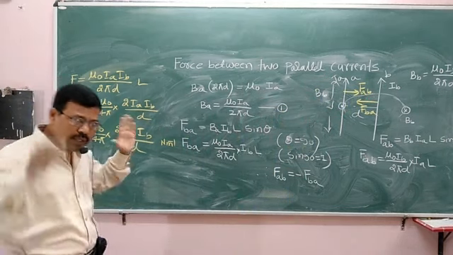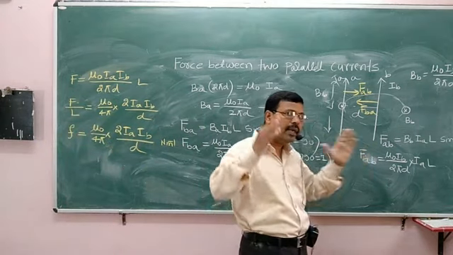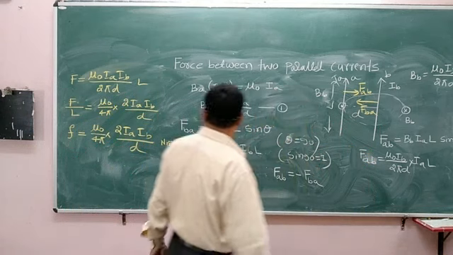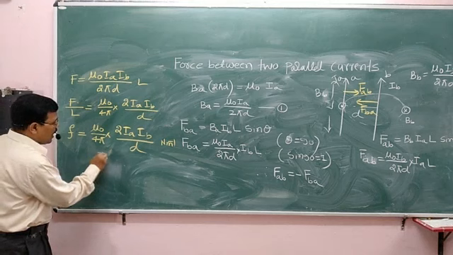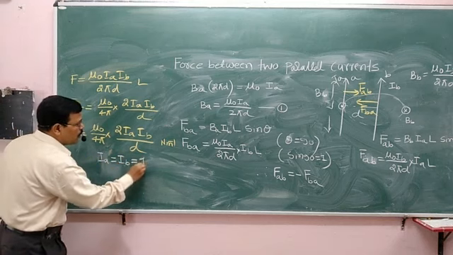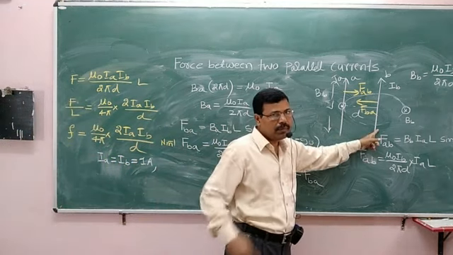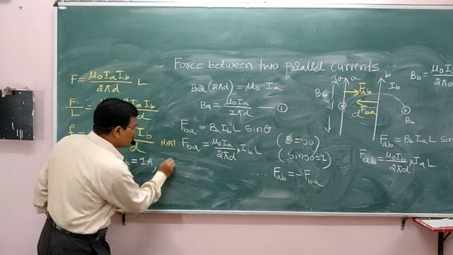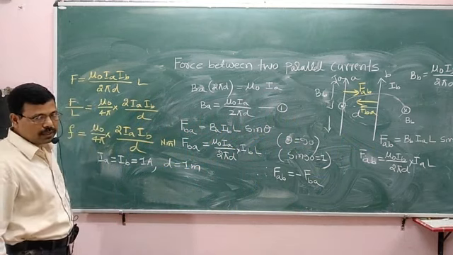Now, suppose these two conductors are maintained with the same current, say 1 ampere. Suppose Ia is equal to Ib is equal to 1 ampere, and the distance between the two conductors is 1 meter.